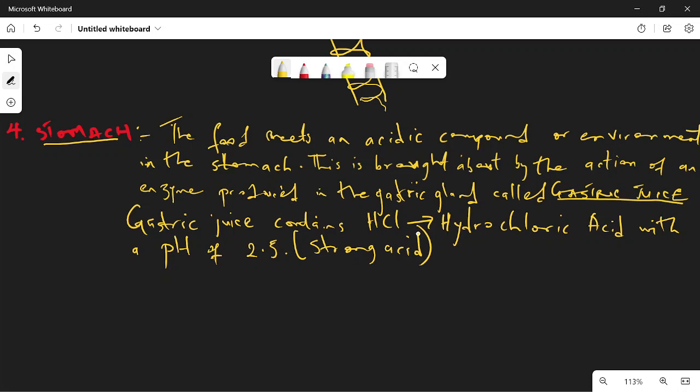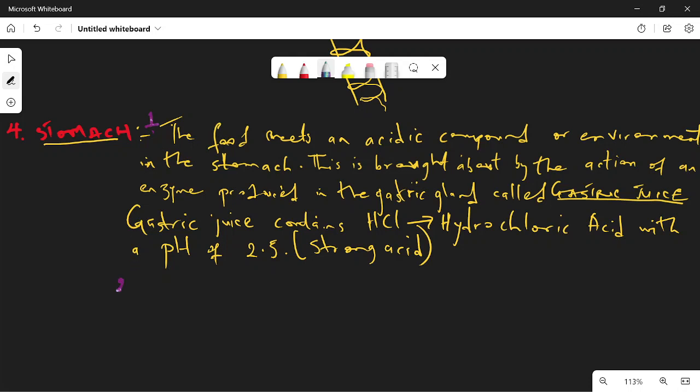So that is what happens in the stomach, where the HCl that is found in the gastric juice prevents the food from denaturing or from decaying. Are we together? So this is the first thing that happens in the stomach. We also have another one that happens in the stomach.